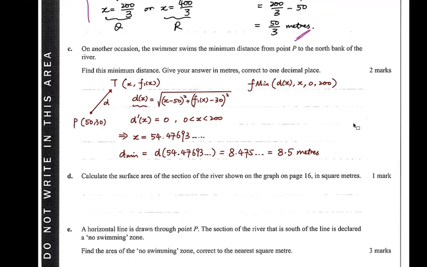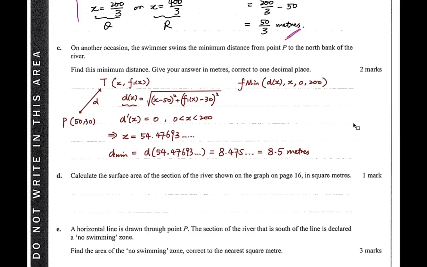Alternatively, you could find the tangent line to the graph of f1 of x at this point, or find the normal line at this point, then find the intersection between this normal line and f1 of x. With this coordinate, use the distance formula. Then you could also get 8.5 meters, but the x value will be slightly off.